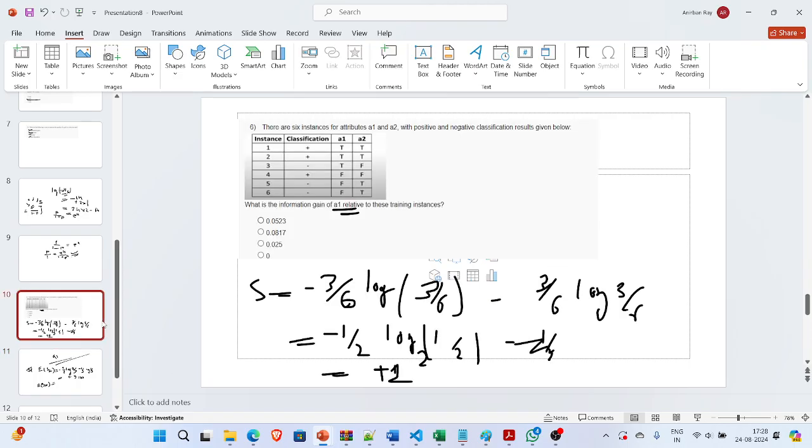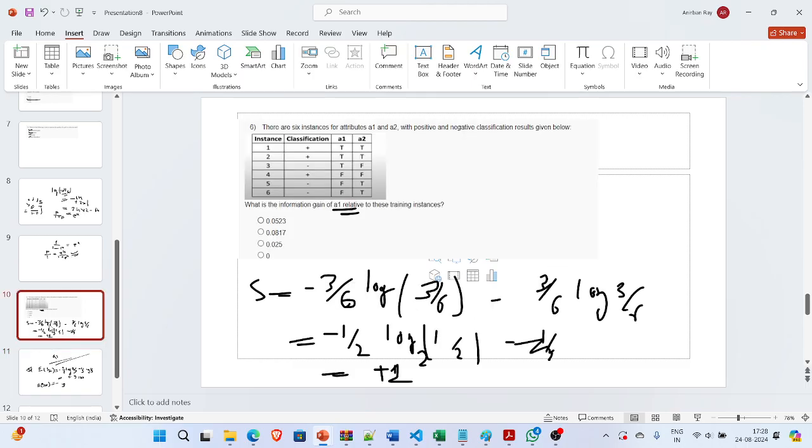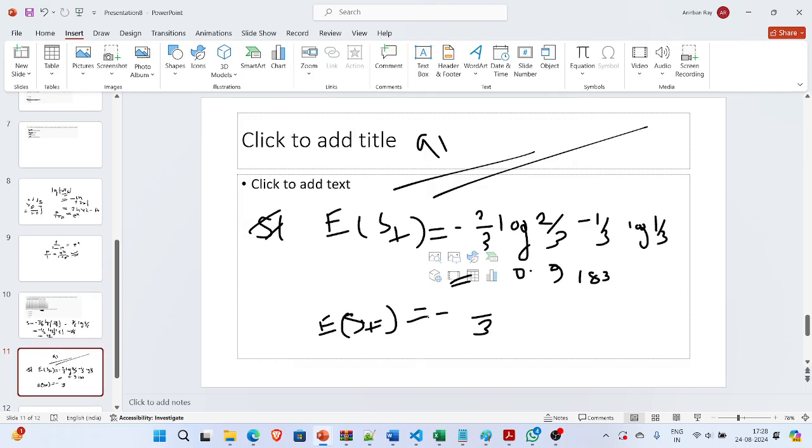In the false case, there are 3 false, and how many positives is 1. This is 1 by 3 log of 1 by 3. Next is minus 2 by 3 log of 2 by 3.